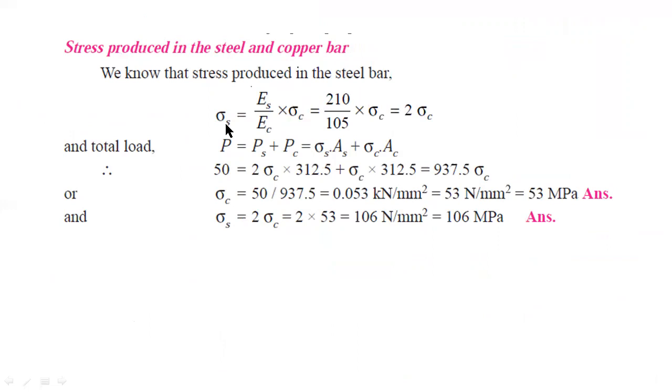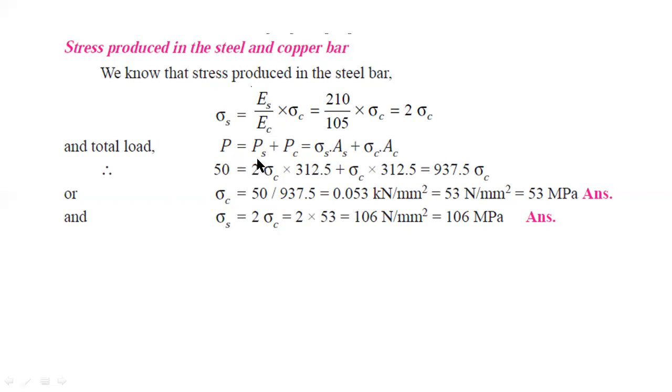So sigma s equals, with Es equal to 210 and Ec equal to 105, sigma c. We don't know the value of sigma c, so just keep it. So the relation is sigma s equals 2 into sigma c. This is one relation, and another relation is that the total load P equals PS plus PC, equal to sigma s AS plus sigma c AC. By using this equation you have to find the value of sigma c or sigma s.